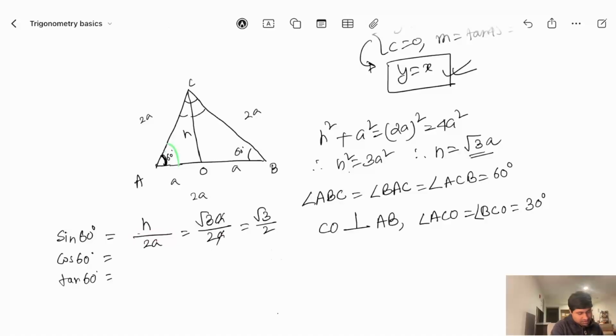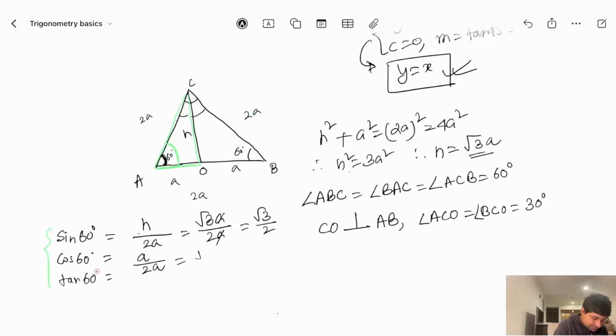Then if we consider cos 60, which is nothing but the base over hypotenuse. So base is a, like you can clearly see, this is our base and this is our hypotenuse, right? So everything we are calculating is based on this triangle right now when we consider the 60 degrees. So what is our base? Base is a, and what is our hypotenuse? It is nothing but 2a, right?